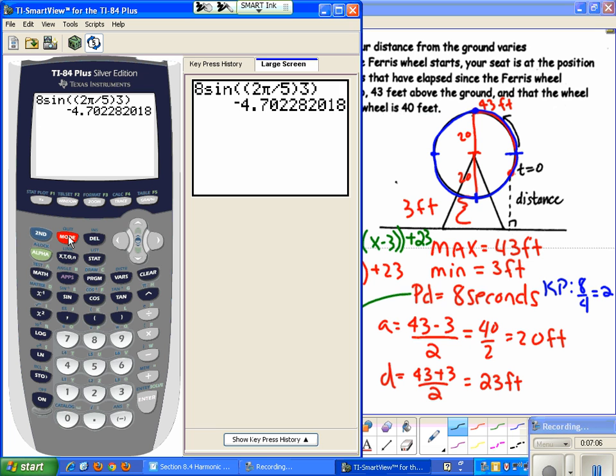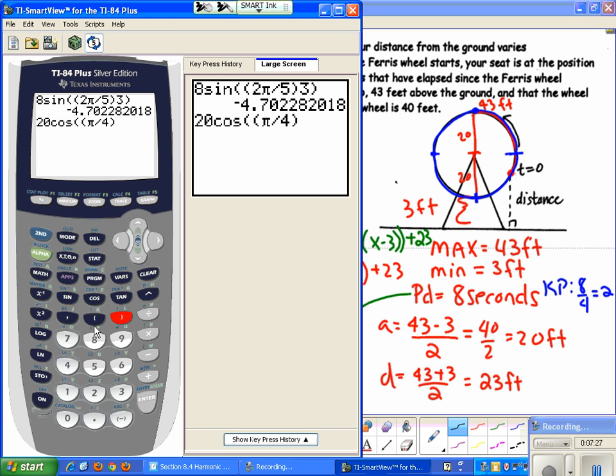So we have 20. I'm going to use the cosine equation. So 20 times the cosine of pi over 4 times, and we're plugging in 6 for our t or x.